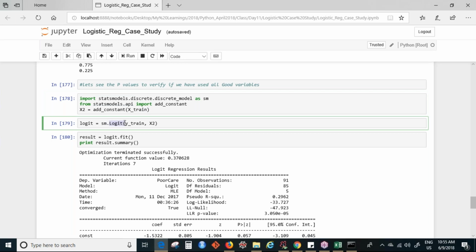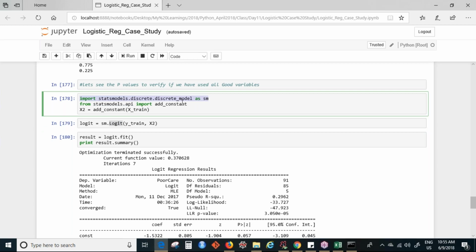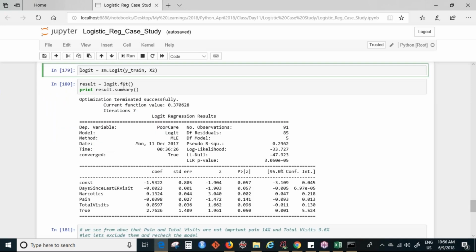Logit stands for logistic response function. So instead of sm.ols, we are using sm.logit. Sm is the same as before, but instead of OLS, we are using logit here. That is the difference. Previously, we had used sm.ols.